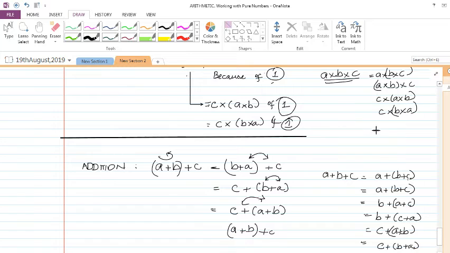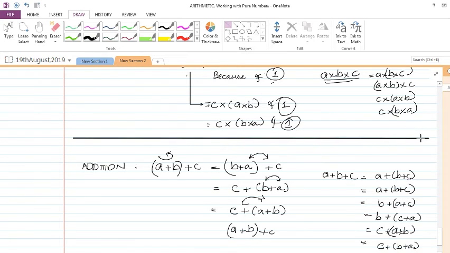Now the ones you have to worry about and be very careful about are those that involve division and subtraction.